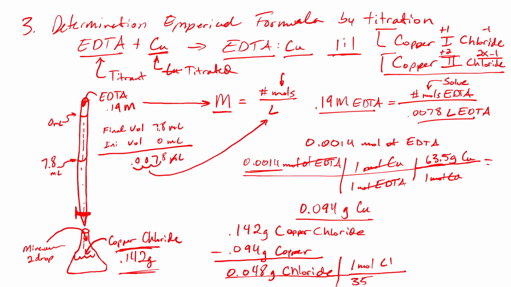There's chlorine. And its molecular weight is, yeah, 35.5. We'll just round up grams. Okay, and that will give us the number of moles of chloride in the solution. 0.48 divided by 35.5.